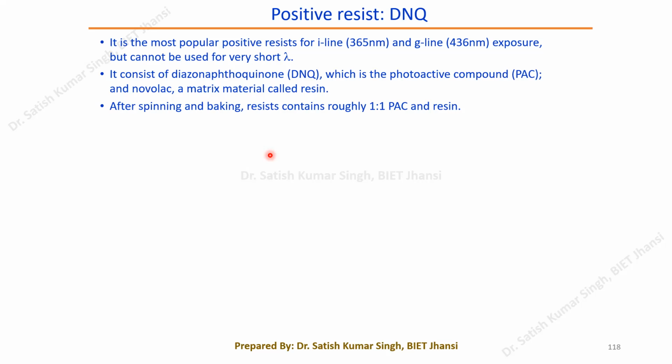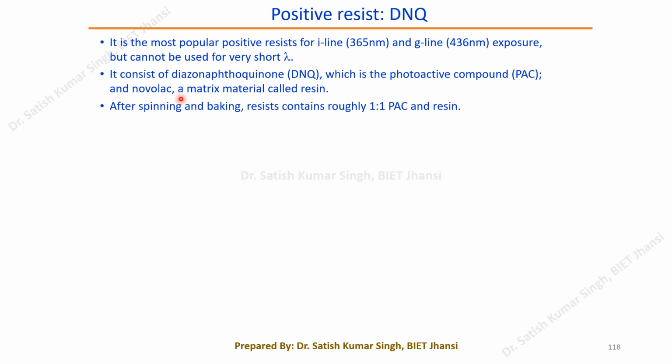The dissolution rate is the rate at which it dissolves into the developer. The fundamental behind how we make the positive photoresist is that this base material is mixed with the photoactive compound. Because of the mixing, the dissolution rate of the Novolac reduces.